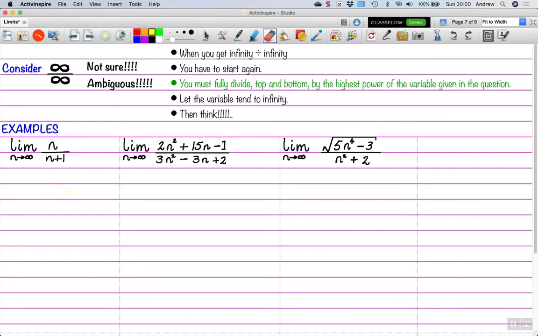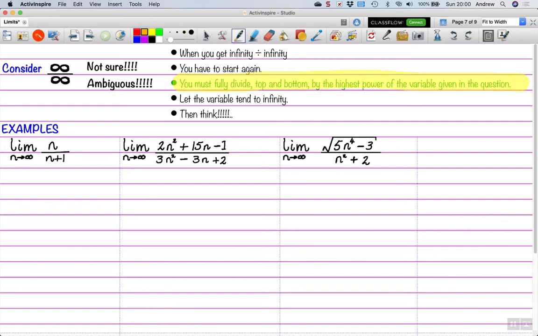And we say, right, what's the method? And the method, which you should pause the video and write down these 5 points, is that you fully divide top and bottom by the highest power of the variable given in the question.